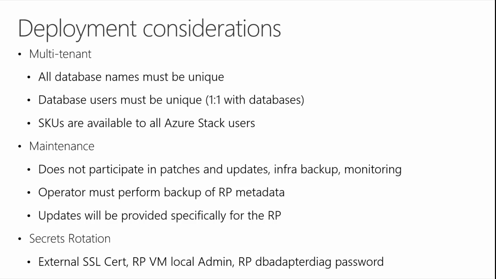And also the resource provider diagnostic user password, which is also known as the DB adapter diag password. This is another important note that's not really called out per se in the documentation, but hopefully you have a good, well-defined process for keeping and sorting through passwords, because we have a few passwords already as they exist across Azure Stack.